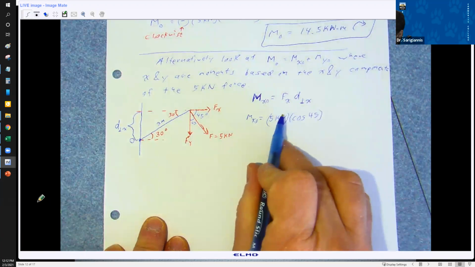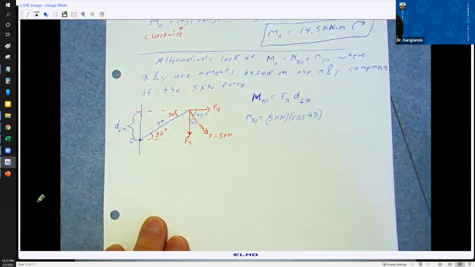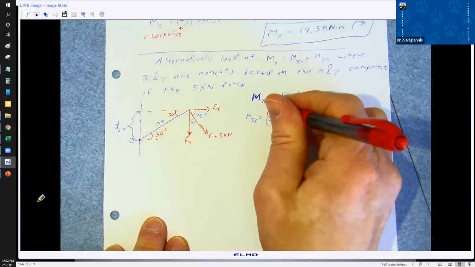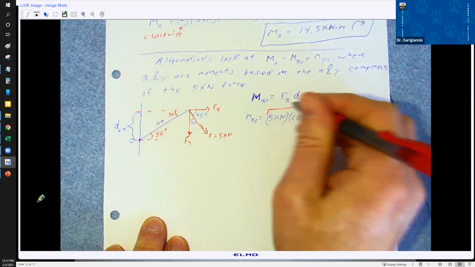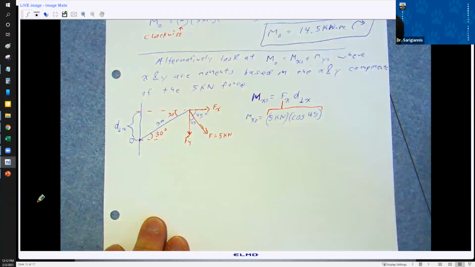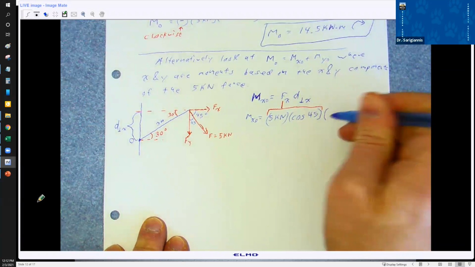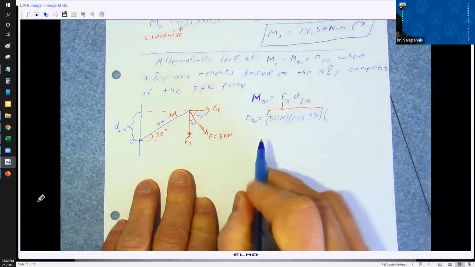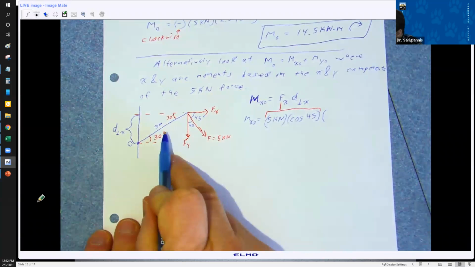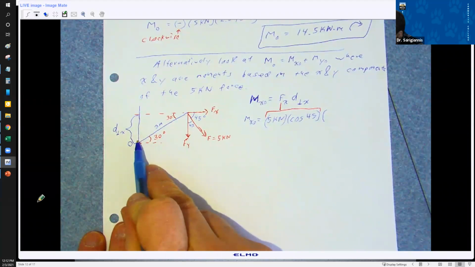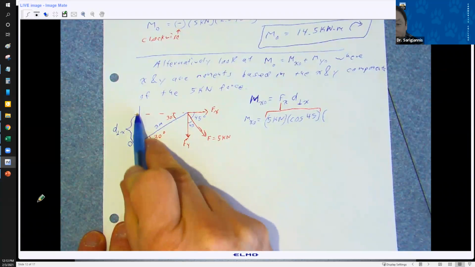This is Fx. Now I'm going to multiply this by d perpendicular of x. That's this height right here.